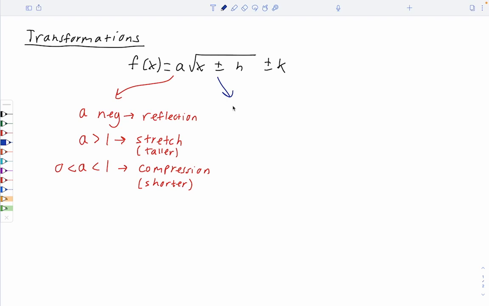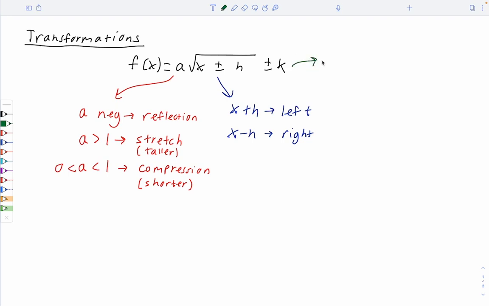So in here, the x plus or minus h will make it go left or right. If it's x plus h, then it will go left h units, right? So if it's x plus 2, the graph will go left 2. If it's x minus h, it will go right. So if it was x minus 3, the whole graph would just shift right 3.